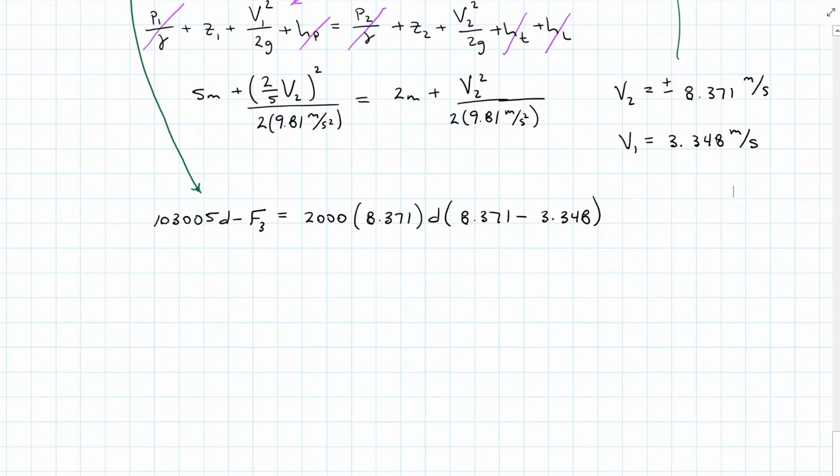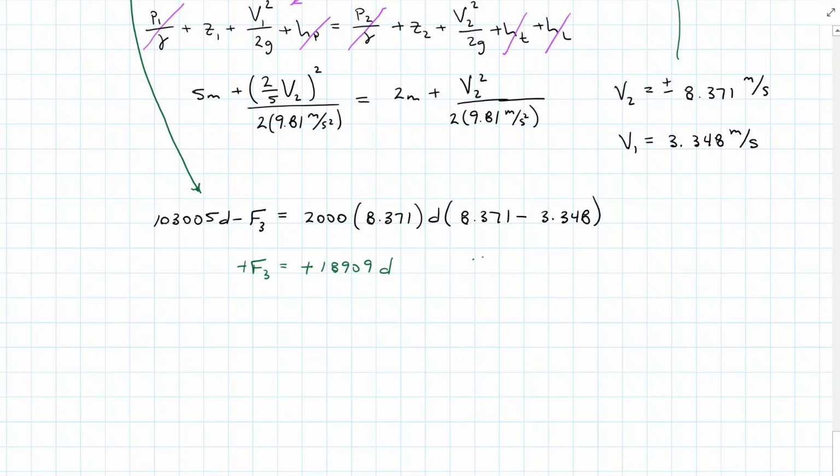Now that I have my velocities plugged into my momentum equation, I have negative force 3 is equal to negative 18,909 times D. So my negatives are going to divide out.